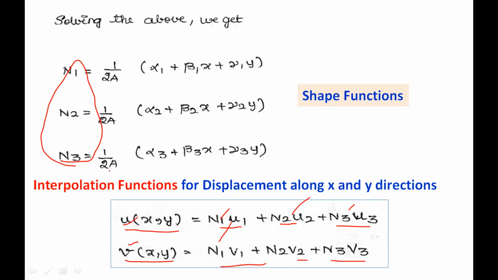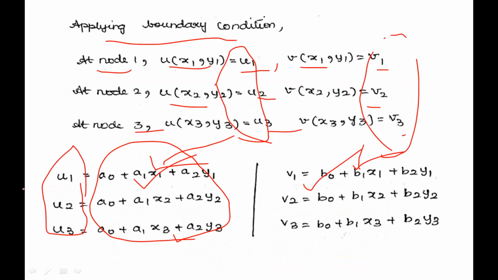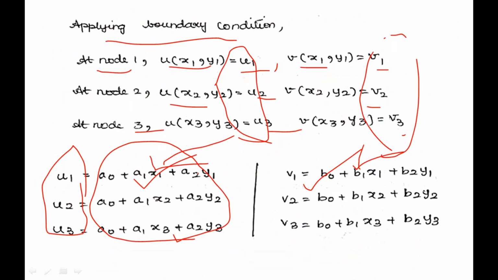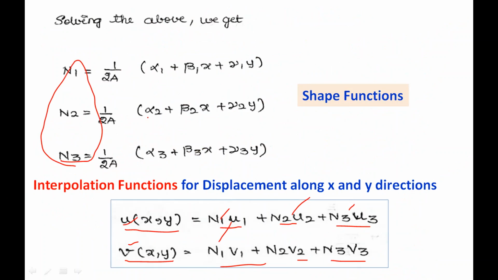Therefore, we are going to have only three shape functions, even though the degrees of freedom for this element is 6, right? Degrees of freedom is 6, but we are getting three shape functions which are applicable for both the u component of displacement and the v component of displacement, that you have to understand. So in this way we are going to simplify our job.